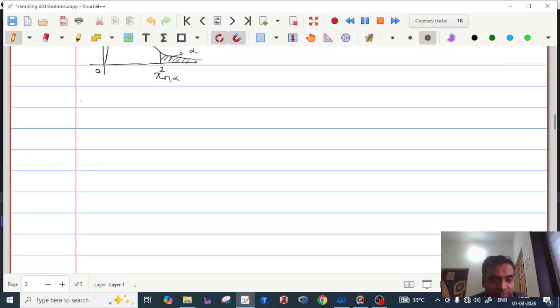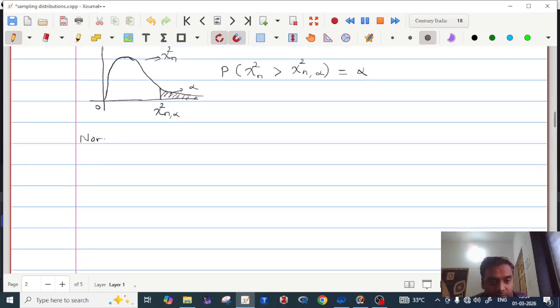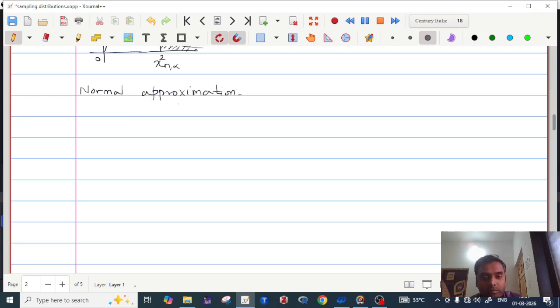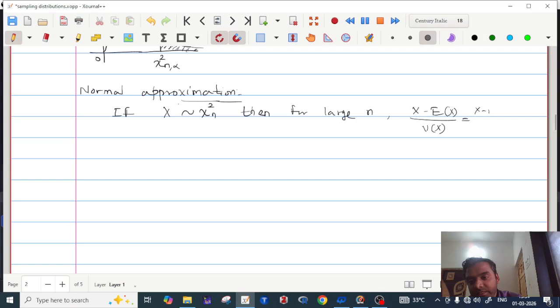Next is normal approximation. Normal approximation: if X follows chi-square with n degrees of freedom, then for large n, X minus expectation of X divided by under root of variance of X, which is nothing but X minus n upon under root of 2n, follows normal 0 comma 1.